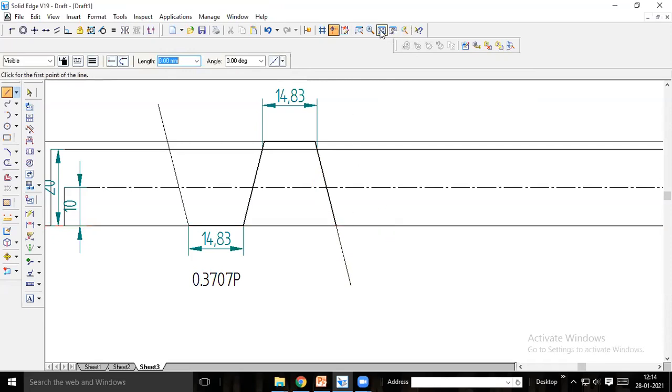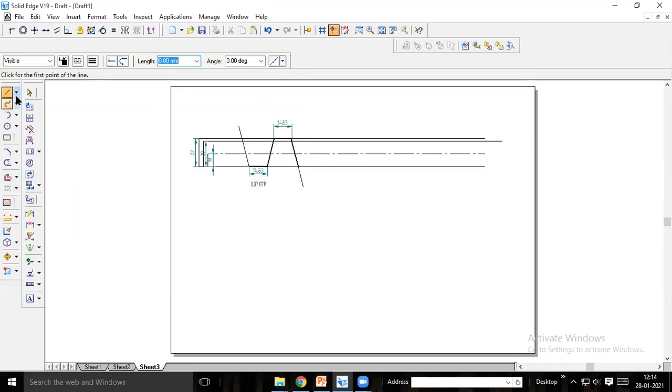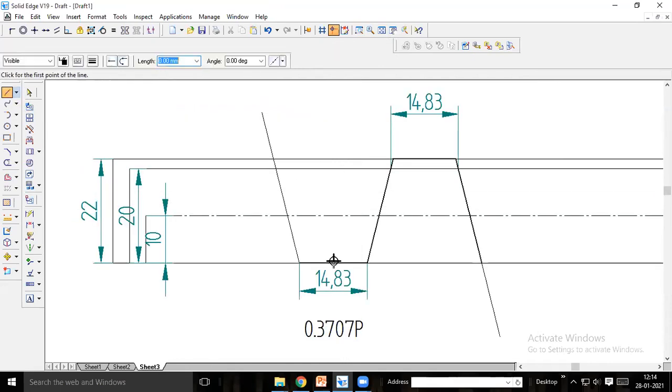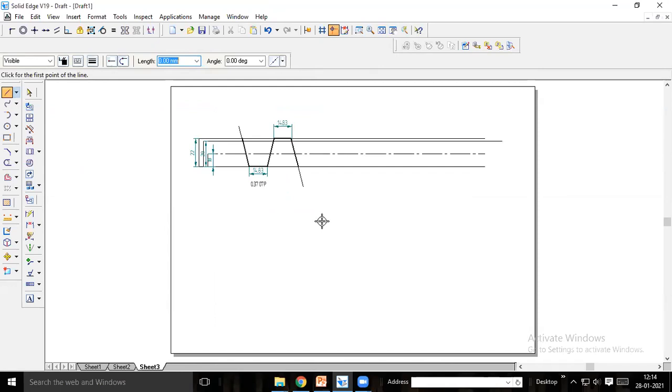In Acme thread, both the internal profile and external profile are the same. So you need not draw the internal and external profile twice in the drawing. If you do it once, it is sufficient.